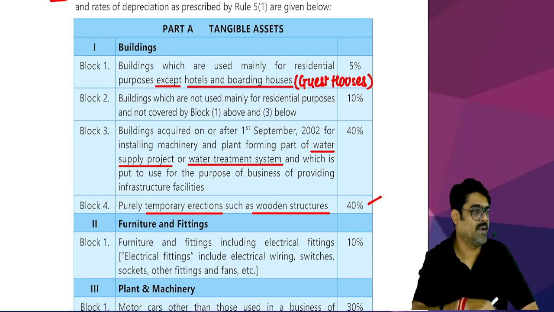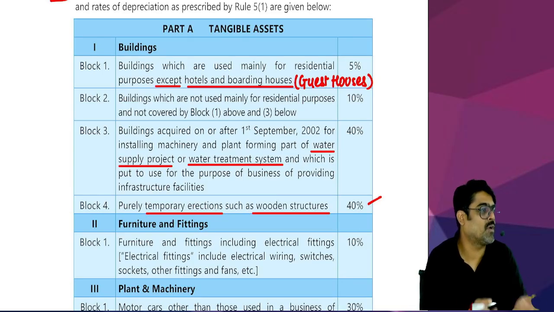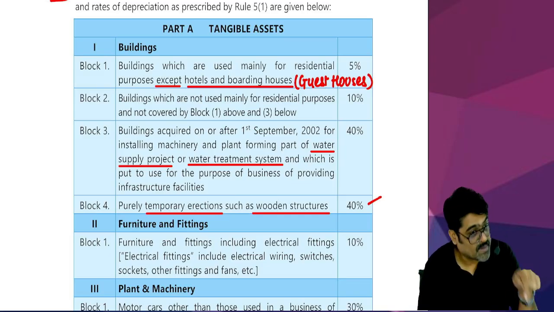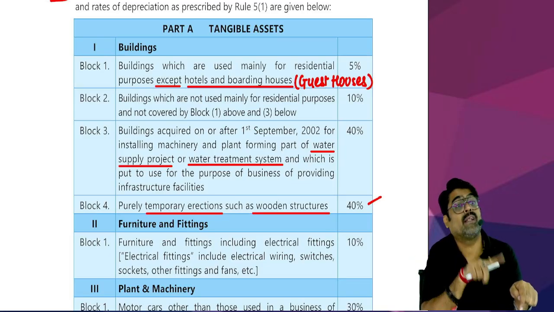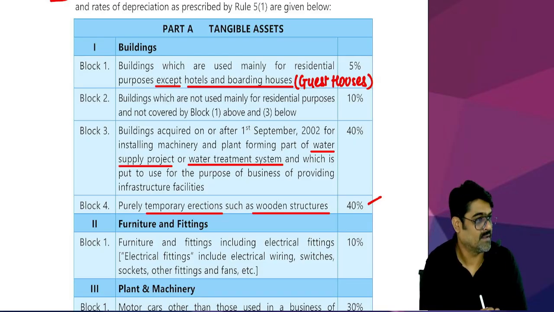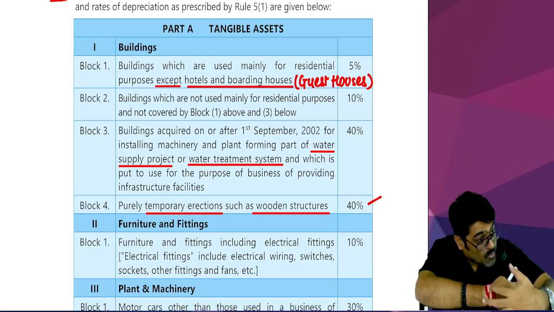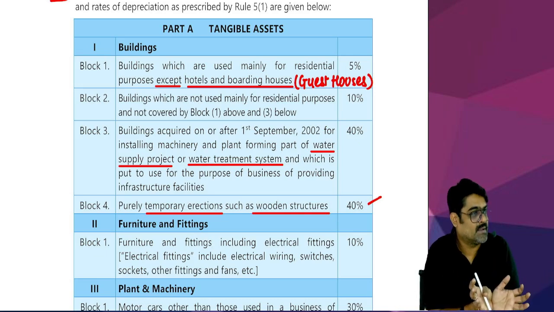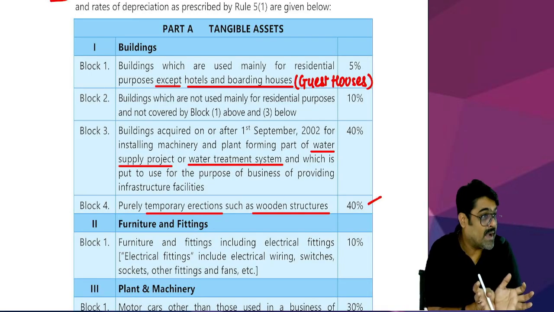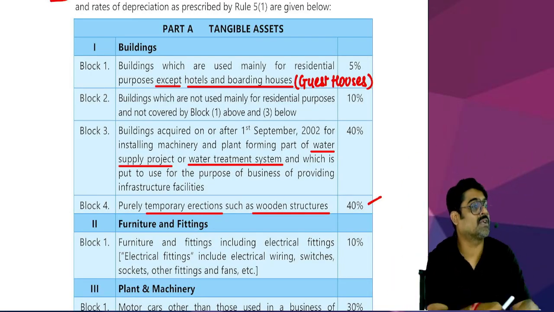Now in my factory, I will have to set up a water treatment plant. And in that plant, this entire water will get treated to eliminate pollution. Getting my point? For that water treatment plant, some structure is constructed.